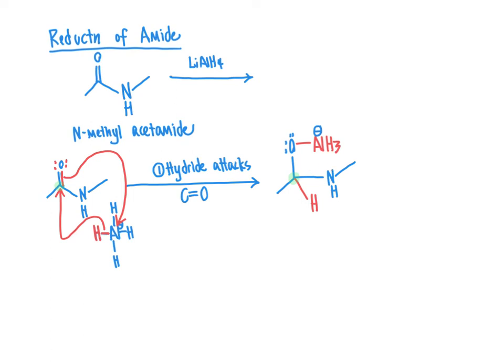Because normally what we have seen so far in these reactions is that the leaving group that breaks away is the heteroatom that was directly bonded to the carbonyl. But in this case, what's actually going to happen is that rather than the nitrogen breaking away as the leaving group, instead, the oxygen that's directly bonded to the aluminum is what's going to break away here.